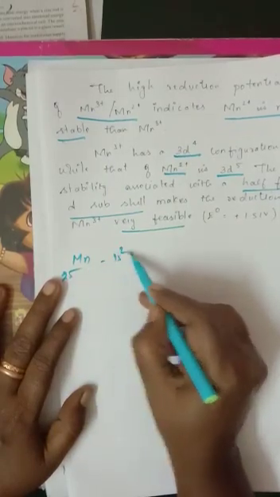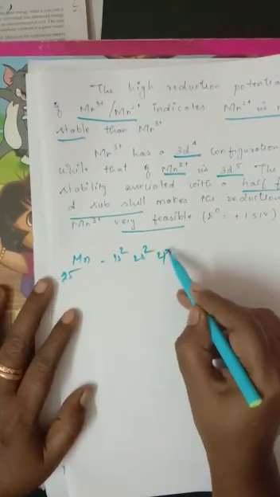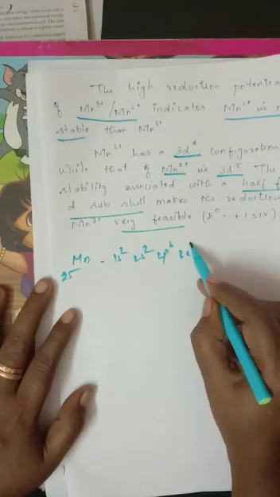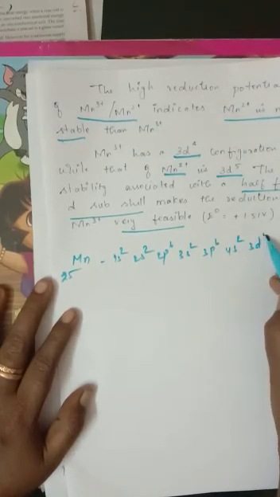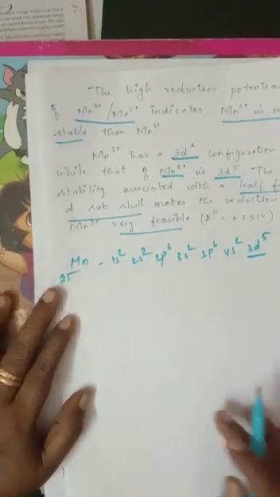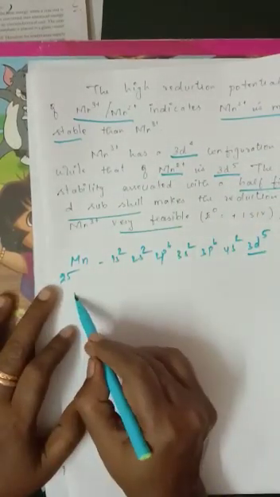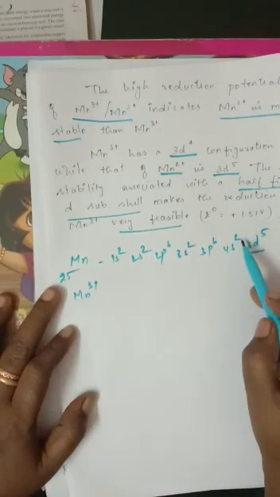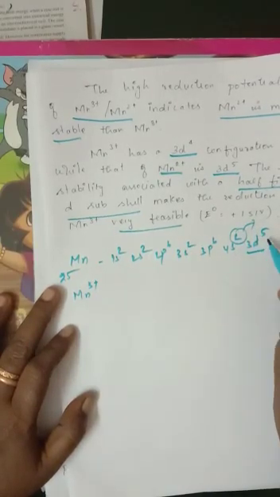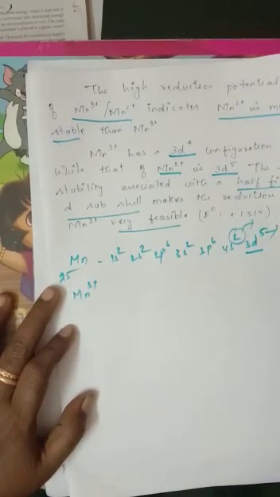So 1s2, 2s2, 2p6 and 3s2, 3p6, 4s2, 3d5. This is half filled actually, we have seen already. But for Mn3+, 3 electrons will be released: 2 electrons from the s orbital and 1 more electron from the d orbital, isn't it?